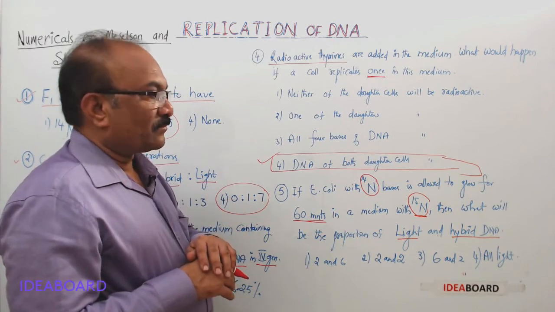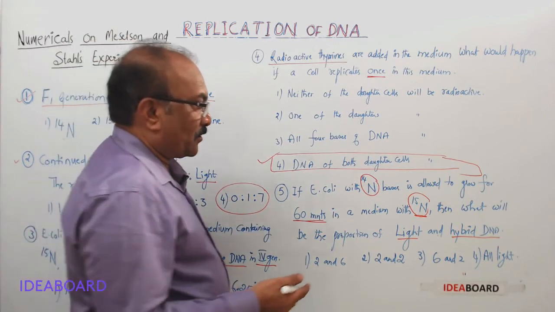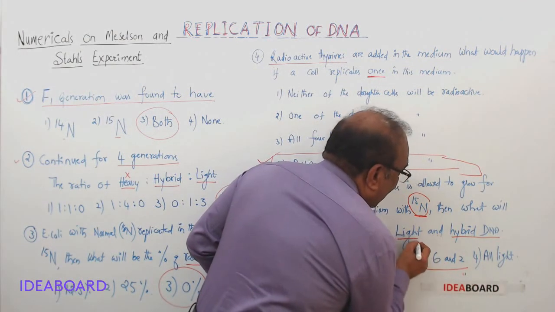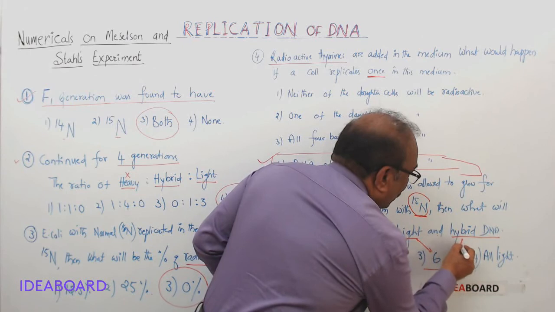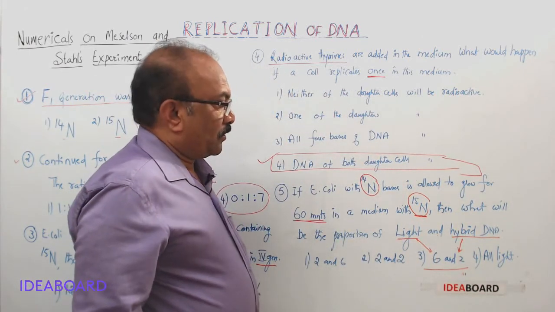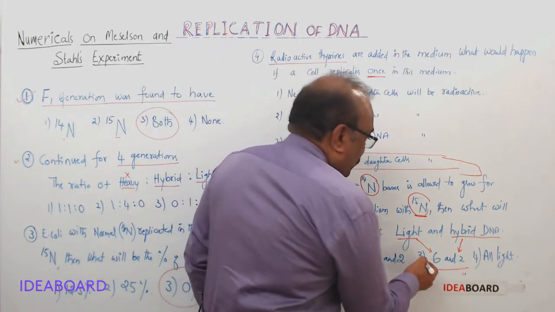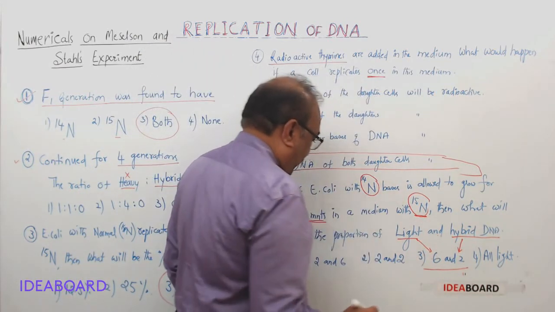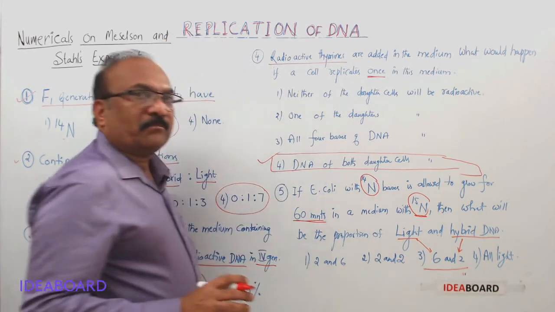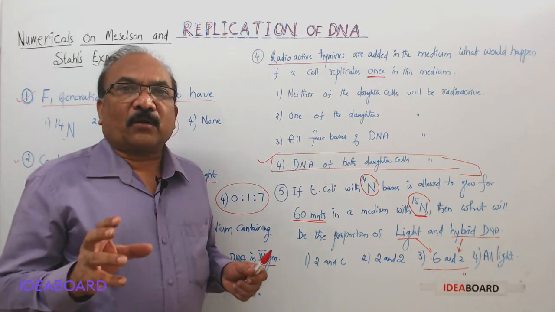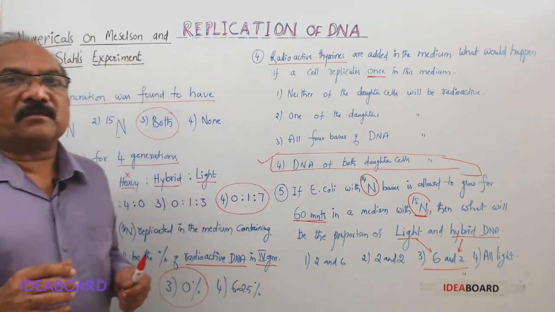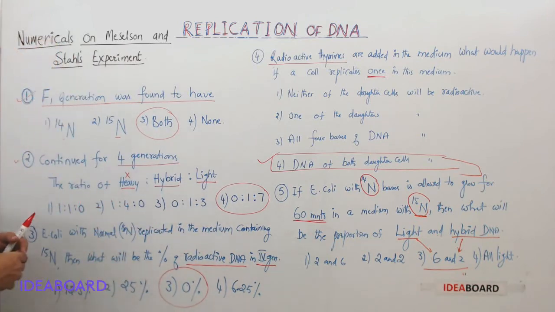So here it is reversed: 6 light DNA and 2 hybrid DNA. So that's what you will find here. These are some problems generally asked in competitive exams. You just make a note of these problems.